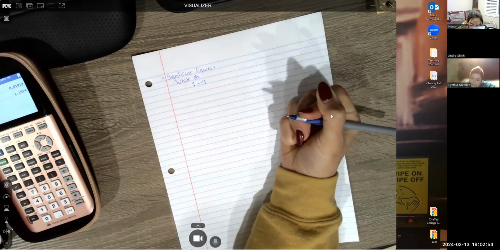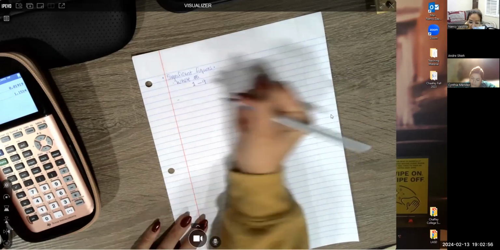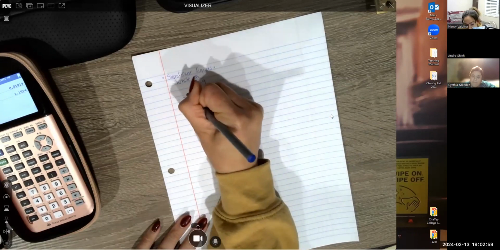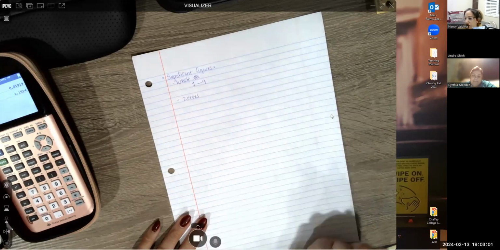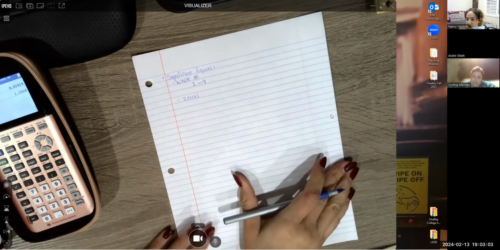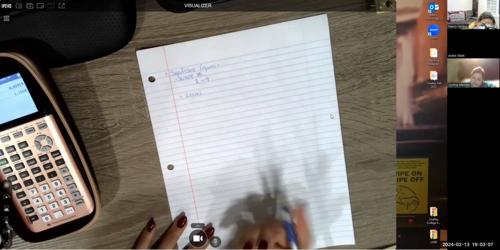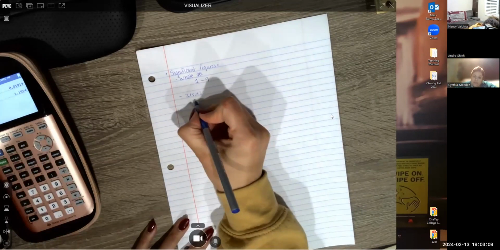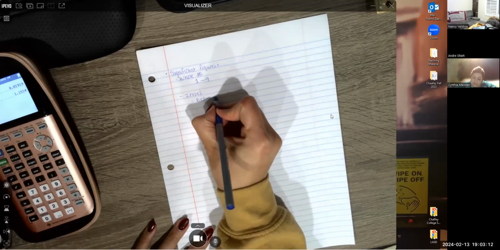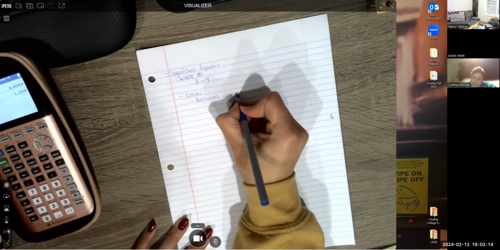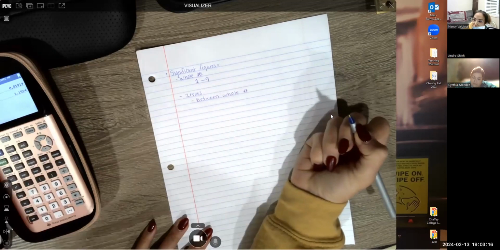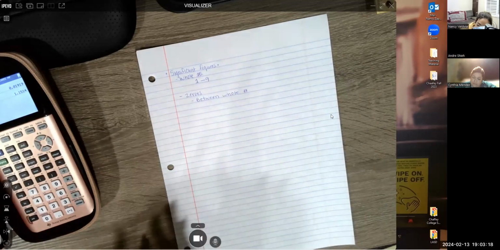And then the ones that get people are the zeros. So which zeros are significant and which zeros are not significant. In order for a zero to be significant, it has to be between whole numbers. What that means is it's sandwiched between.